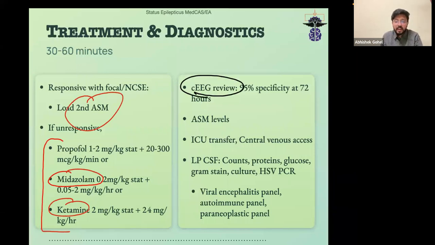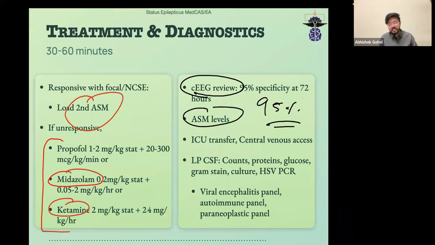Continuous EEG. Why should we do it? Because it has 95% specificity for diagnosing seizures at 72 hours. You should not stop at that. You should ask for anti-seizure medication levels by this point of time, because you do not know whether the patient is a fast metabolizer of one of the medications or not.